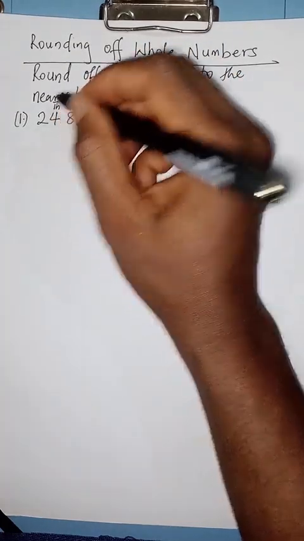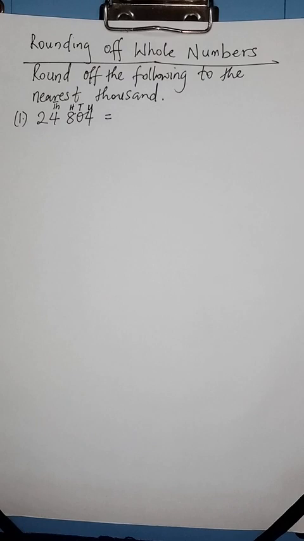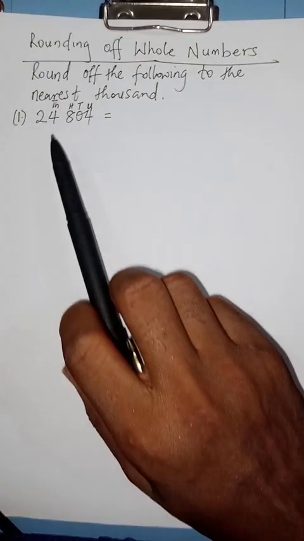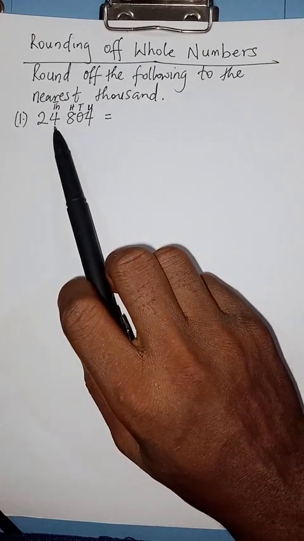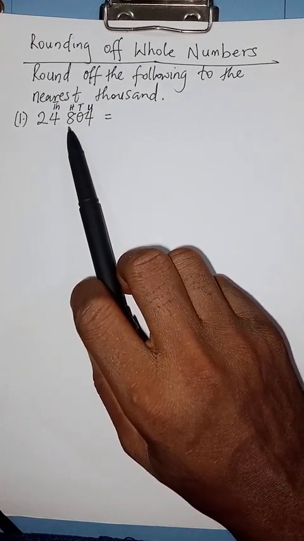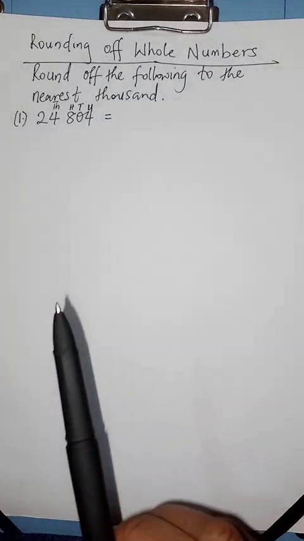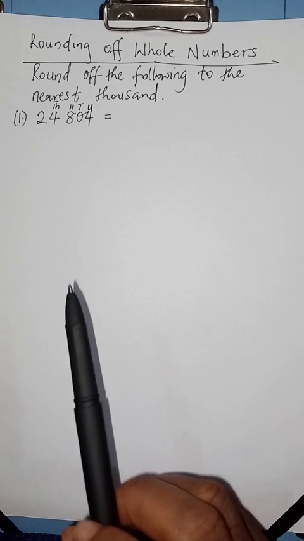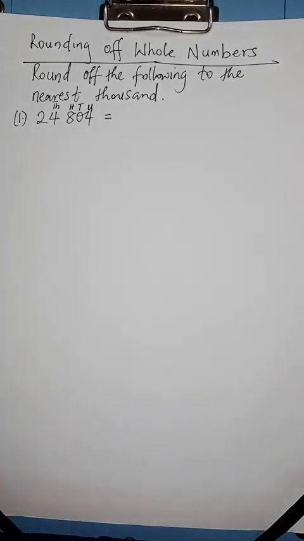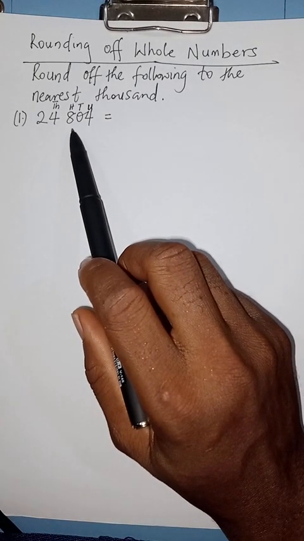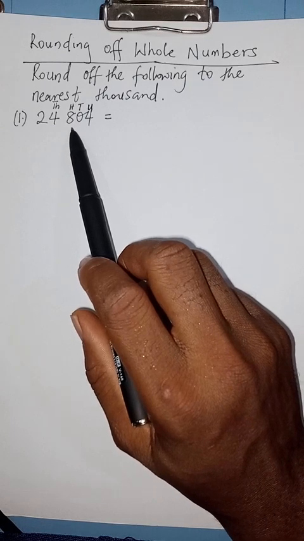So I'm going to stop here because I'm rounding to the nearest thousand. So at this point, my focus will be on the digit under your thousand and the digit under your hundred. Those are the closest digits in the number. So check out the digit under the hundred.